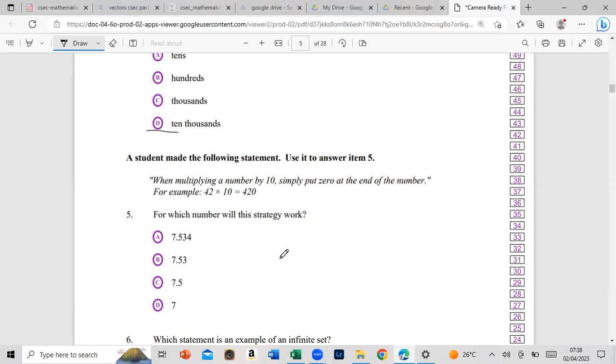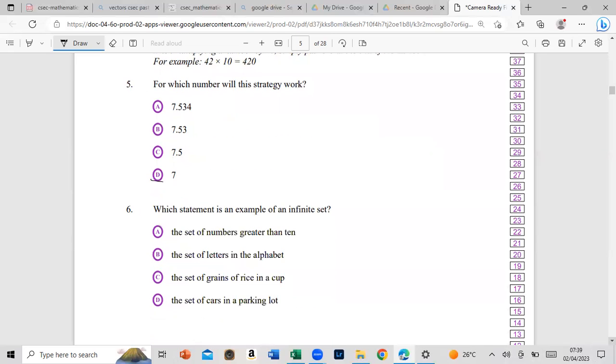Alright, so it could not work for this one because if you are multiplying by 10 and you have the decimal, we just move the decimal one place to the right. So we wouldn't add a 0. Same thing for this and the same thing for this. Alright, this will be 75. So it can only work for this one. This is a whole number.